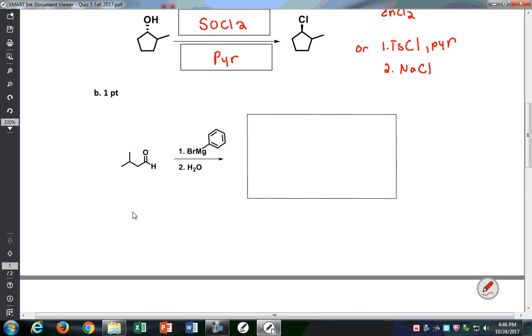Now looking at B, what we see is a carbon-oxygen double bond and a Grignard. Now don't put an extra carbon. This BrMg, the way it's written, is the same as writing it like this.